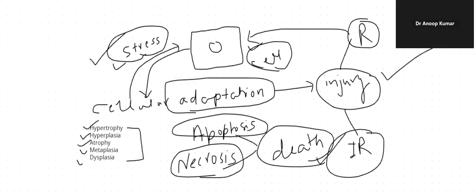I hope it's clear. Now, one by one, we are going to discuss cellular adaptations, right? So, the first one is hypertrophy. If you have any questions, you can put them in the chat box as well. The first type of cellular adaptation which we are going to study is hypertrophy.